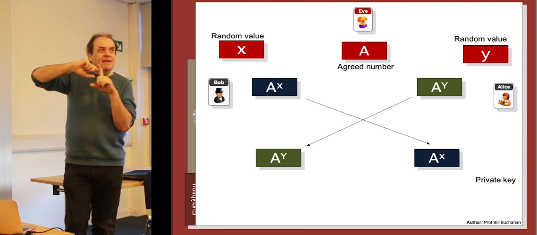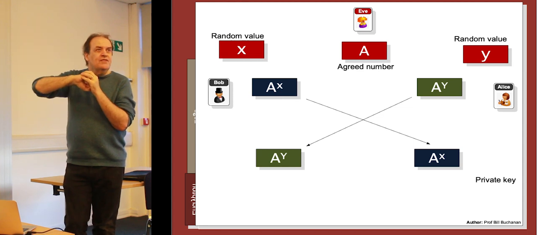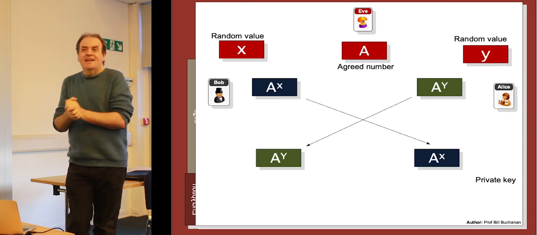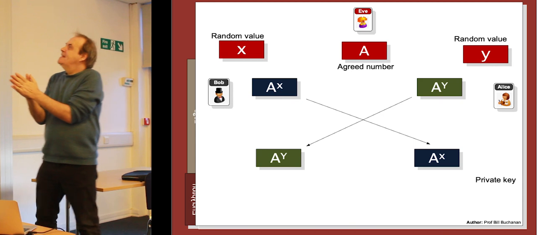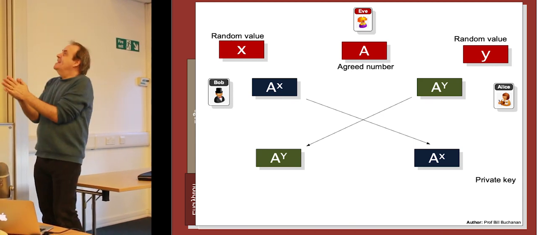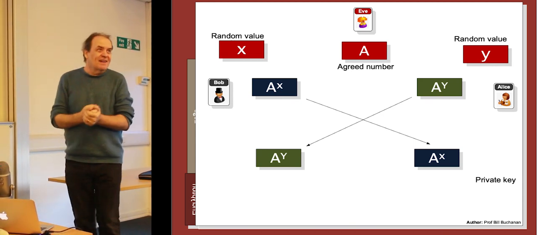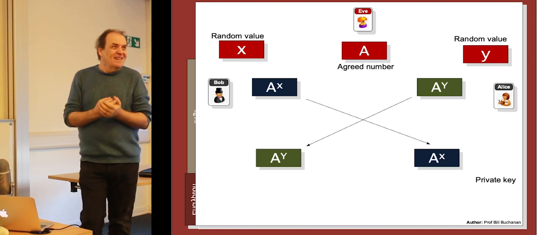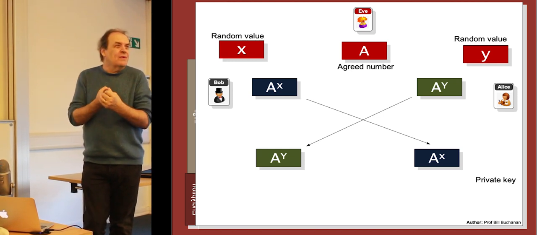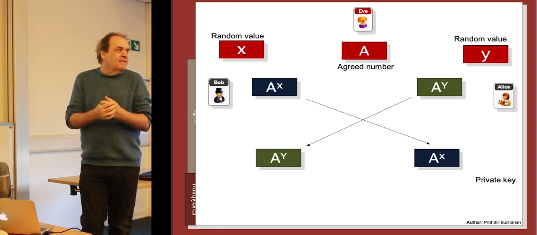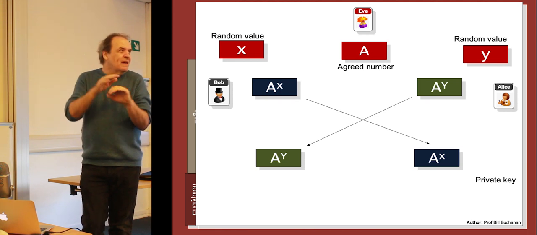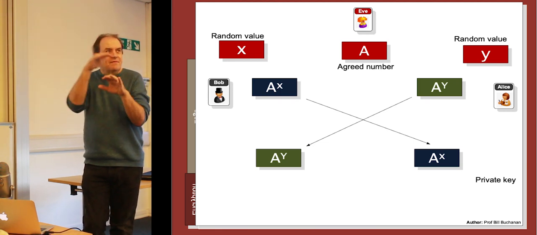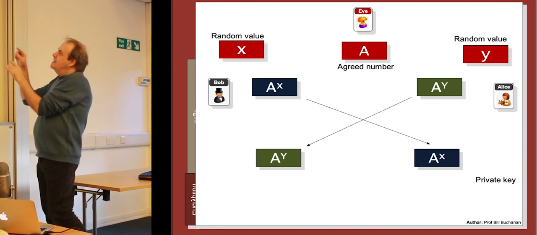Then Alice does the same thing. She generates a random number, and we'll call it y. Then we agree on a shared number. 2 and 3 are typical generators. Quite low numbers, you might think, but we're going to end up with very large numbers.